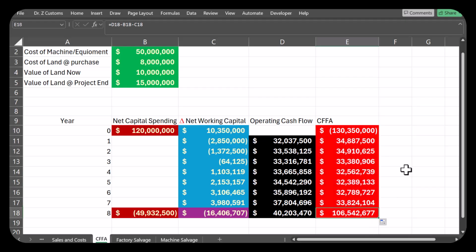Those are my cash flows from the project. See how we built them step by step? Given this, I can make my calculations on the investment criteria.